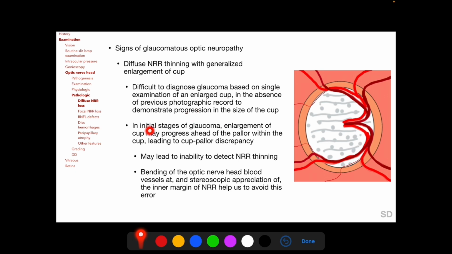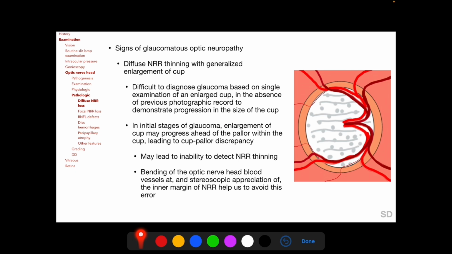In the initial stages of glaucoma, increase in the size of the cup may progress faster than the increase in the area of pallor within the cup, leading to cup-pallor discrepancy, and this may lead to inability to detect neuroretinal rim thinning. And in this situation, as we have mentioned, bending of the optic nerve blood vessels and stereoscopic appreciation of the inner margin of the neuroretinal rim help us to avoid missing NRR thinning.